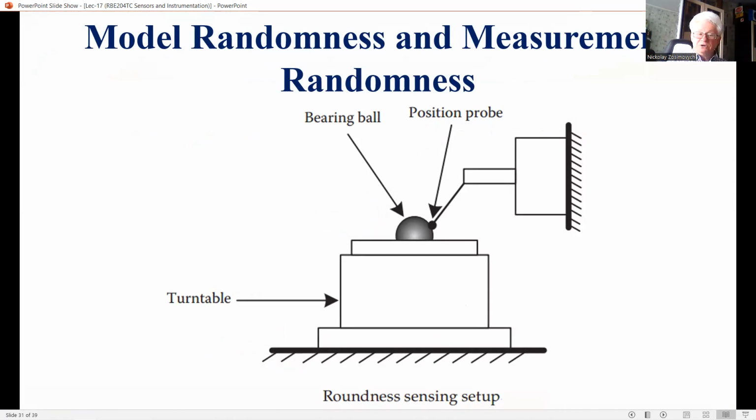In addition to the randomness in the measurement process, including the sensor, the analytical representation of the measured or estimated quantity itself contains some random components.